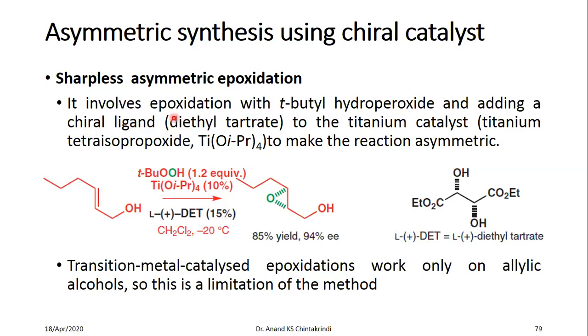Now, the chiral ligand in this case is diethyl tartrate. For this example, we have used the positive enantiomer, that is the dextrorotatory. This L is of the Fischer notation L. This has nothing to do with the levo and dextrorotatory sense of the optical activity. The plus sign indicates the optical activity, that means it rotates the plane of the polarized light towards the right.